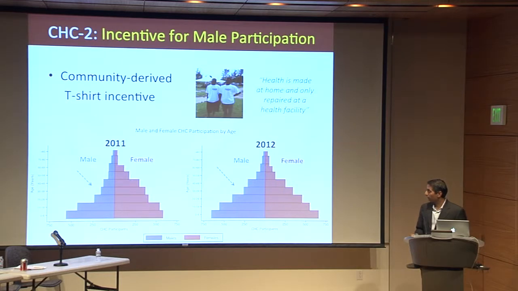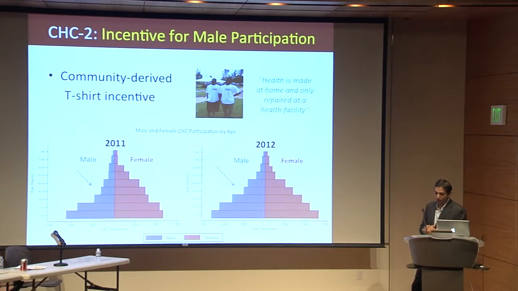Males in that age category have less participation in healthcare activities. So in the implementation science of campaigns like this, we wanted to see what we could do about this, and the local leaders and participants in the campaign came up with a community-derived intervention that they felt would be compelling, and that they felt would improve participation by men.